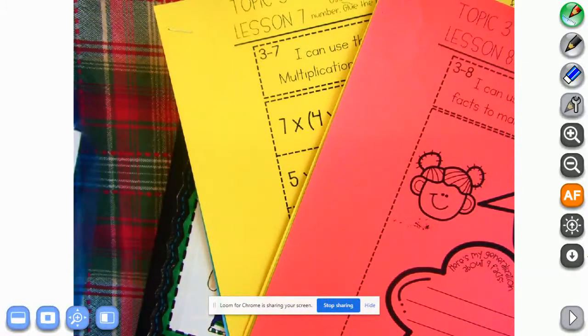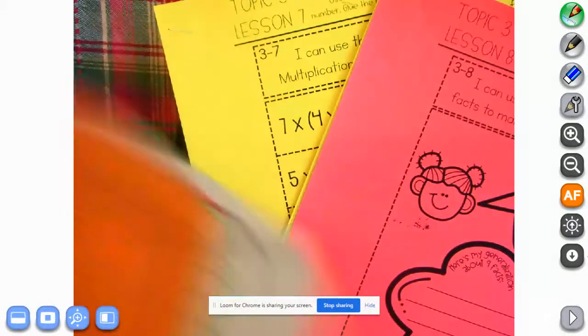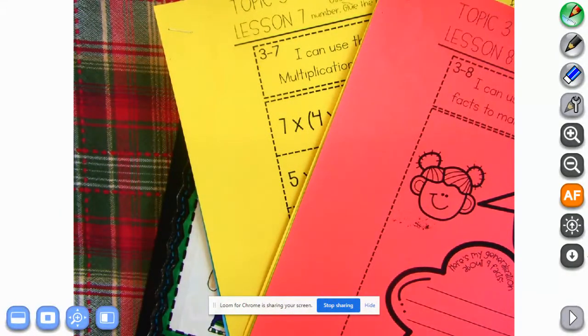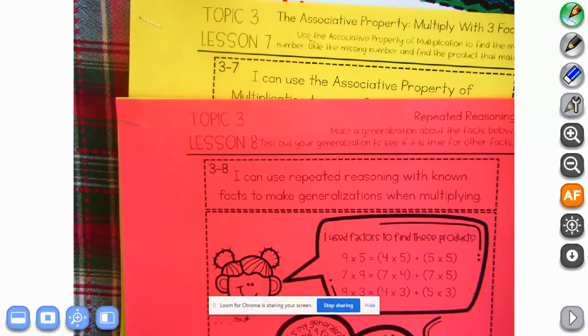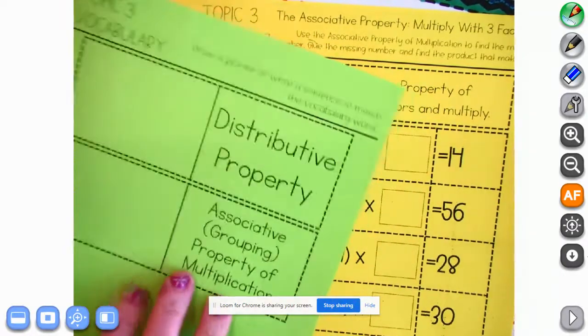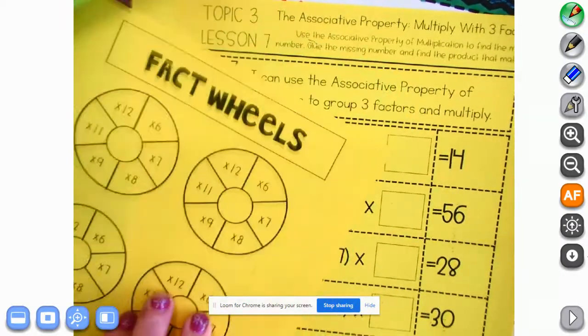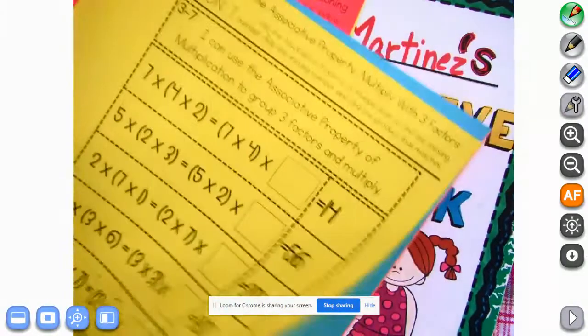And then we'll put the others back. All right. So we've got lesson 3 and topic 3, lesson 7, topic 3, lesson 8. We're going to go ahead and be cutting out these shapes here.